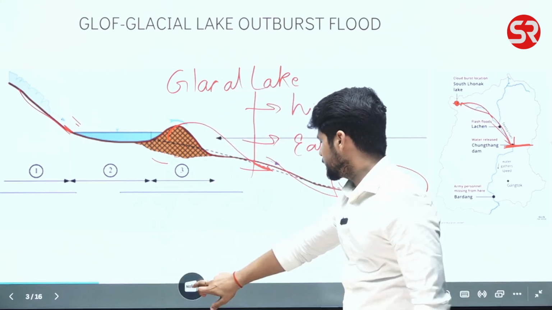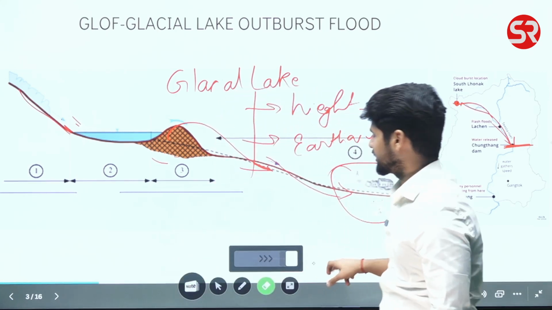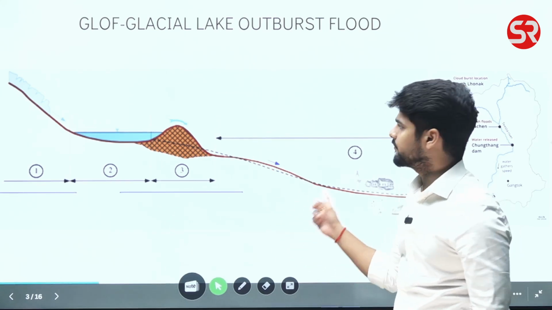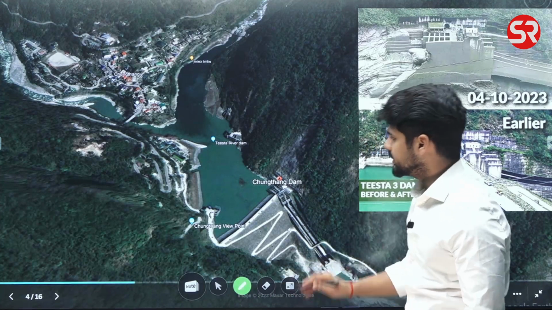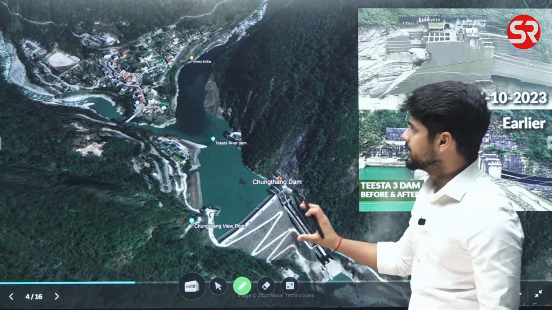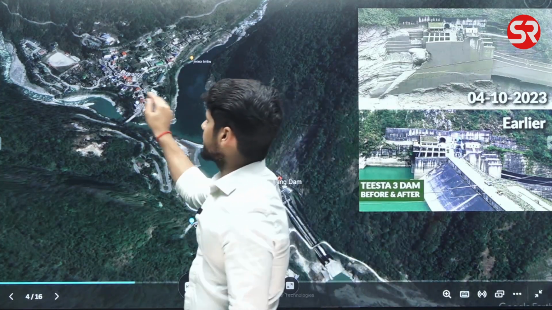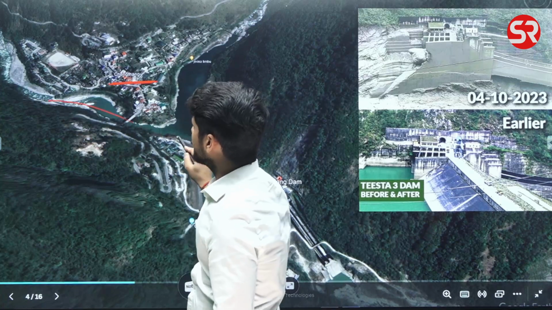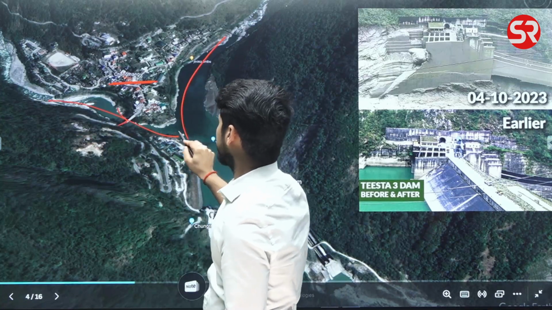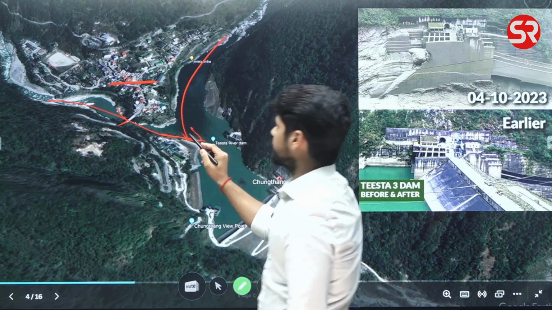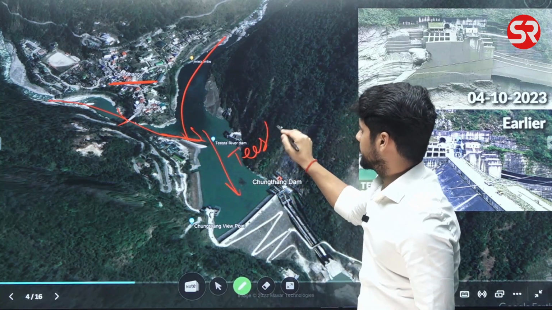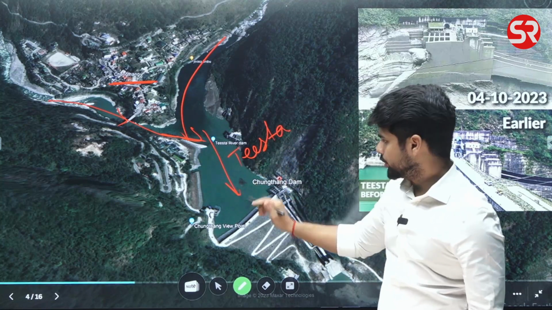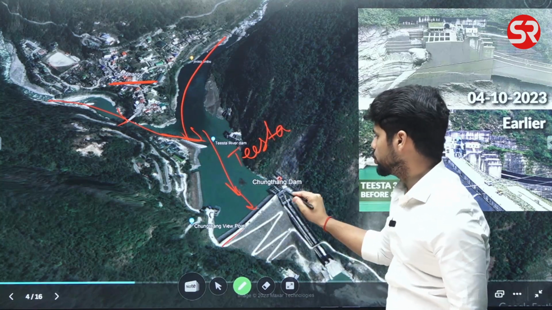Few factual things which you can remember are the location, the geography, etc. You can see in the state of Sikkim there is Chungthang town. It is located at the confluence of two rivers, Lachung and Lachen. These two rivers form your Tista river, and on this Tista river you have this particular Chungthang dam.